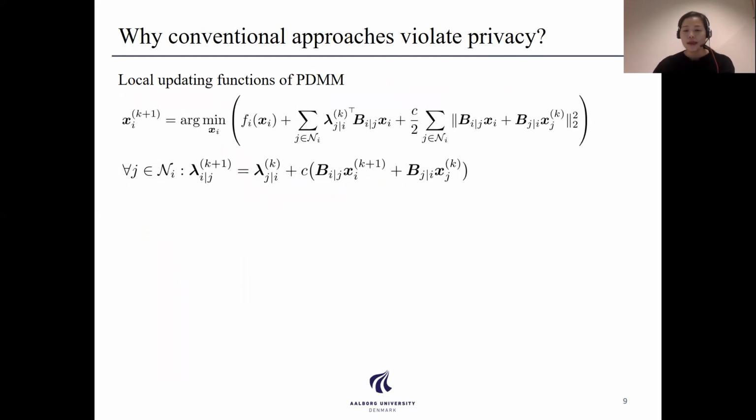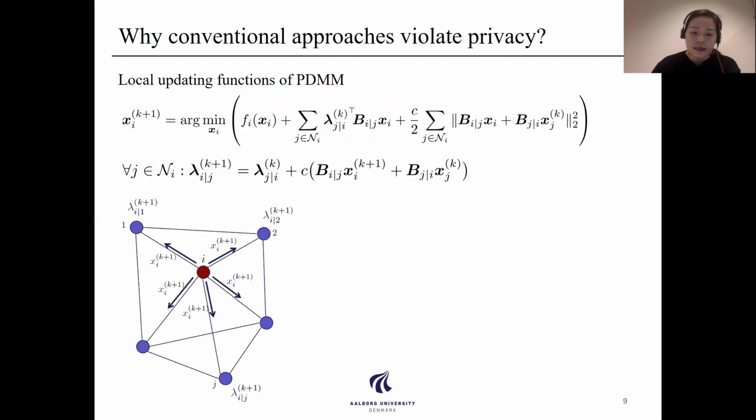Now, by inspecting the local updating function of PDMM, let's see why the conventional approaches violate privacy. One thing we can see here is that PDMM is a broadcasting protocol.